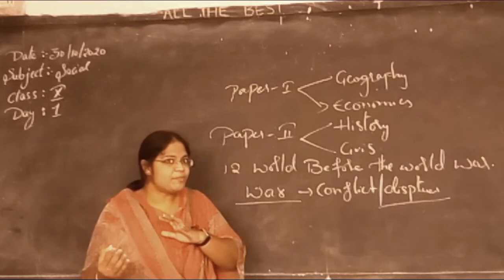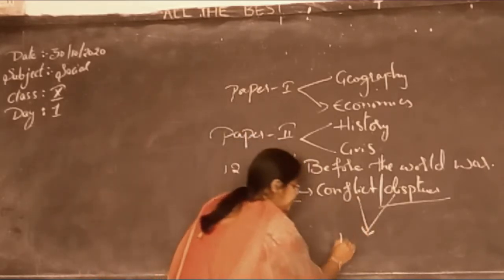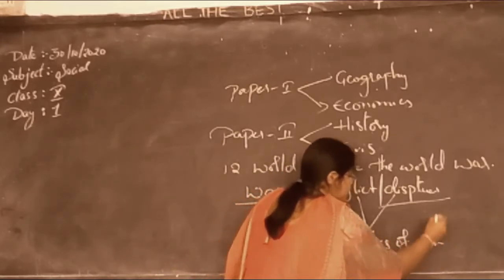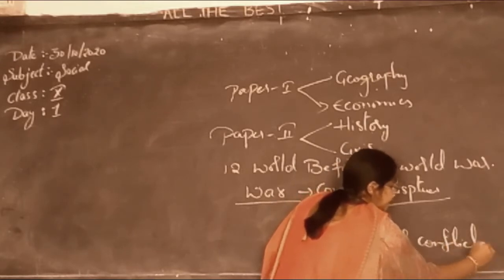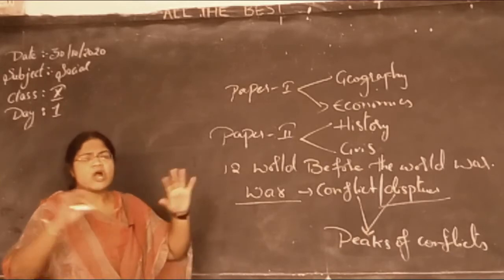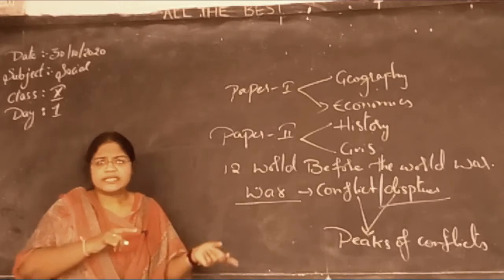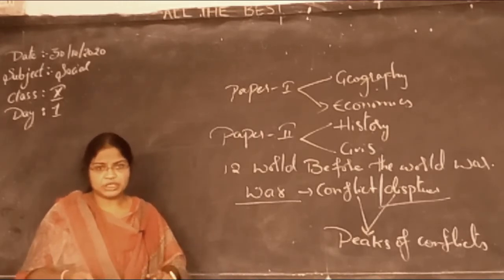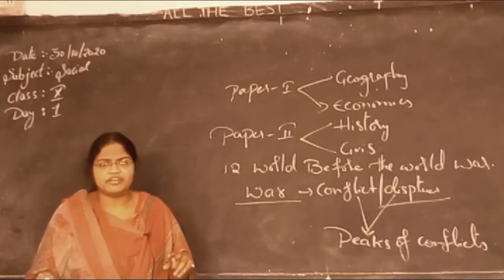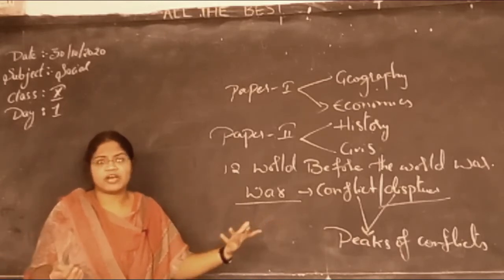When these conflicts and disputes reach the peak of the conflict, at that time we can say that it is a war. It is not necessary for war to happen between two persons. It is not always between two persons; it can be between two countries or two groups of countries. Maybe it will happen between a number of countries, between a number of groups of countries.